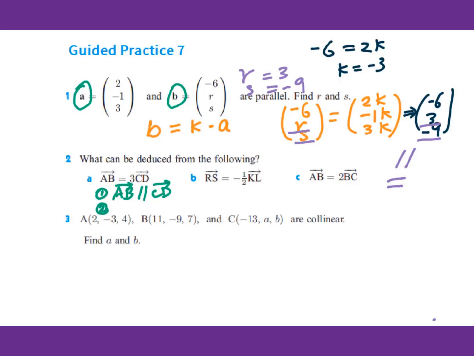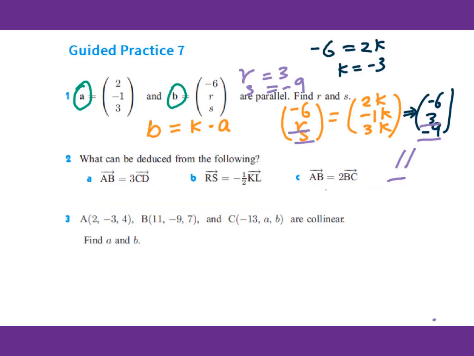And second, that's the same direction. Third, that's the size, the magnitude of AB equals 3 times the magnitude of vector CD.